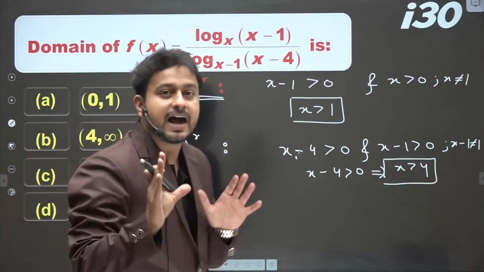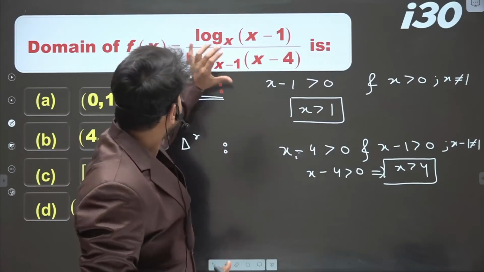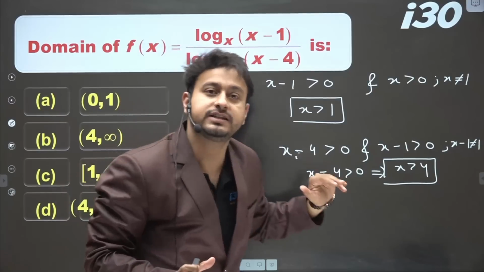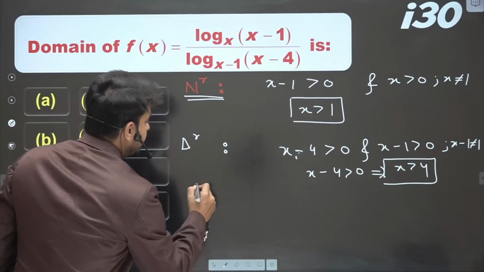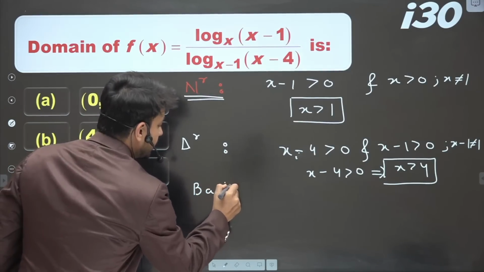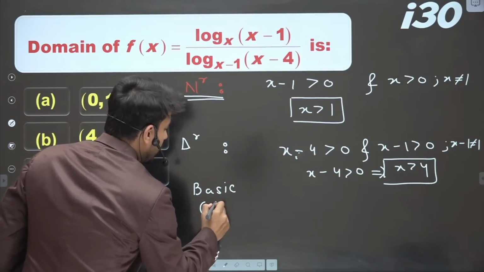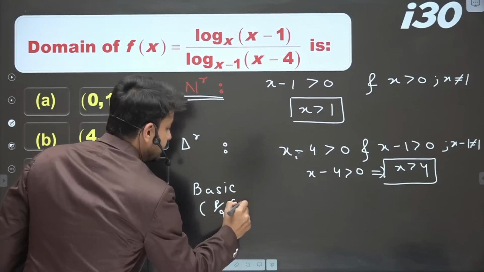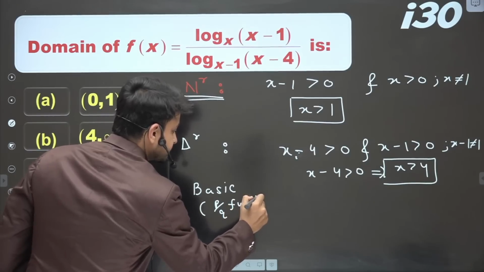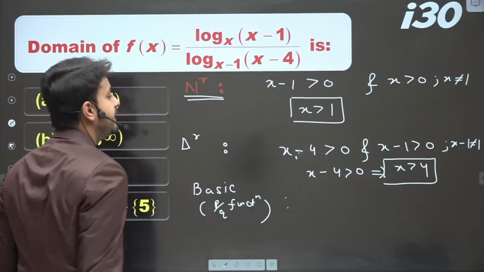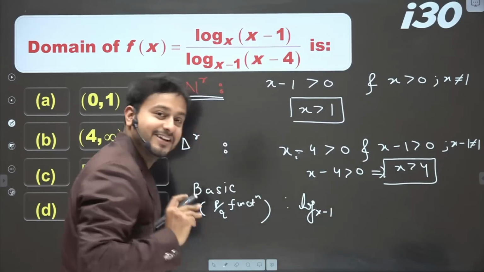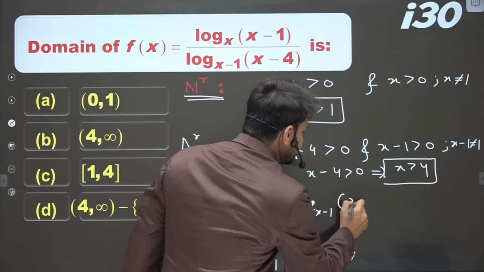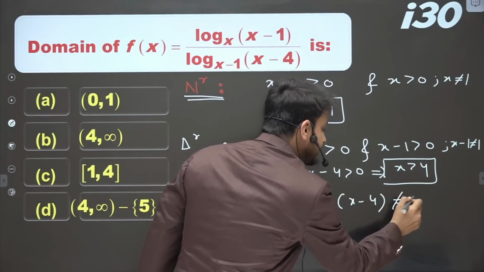Moreover, the basic idea behind any rational function is that the denominator cannot be 0. So we can say that the basic idea of a rational function, of a p by q function, is that your denominator, which is nothing but log base x minus 1 of x minus 4, can't be 0, right everybody?